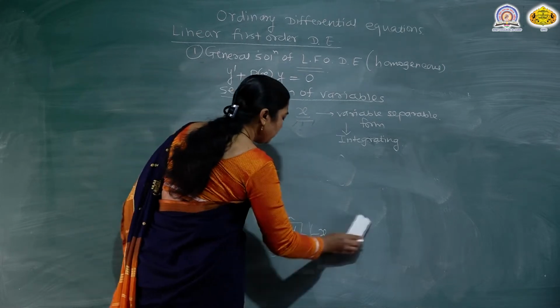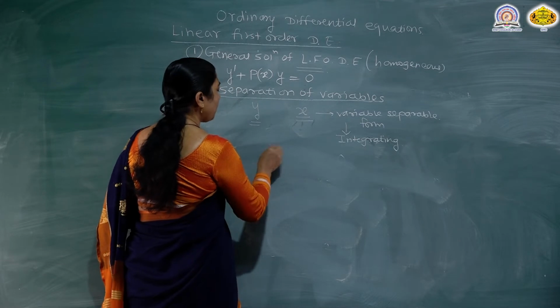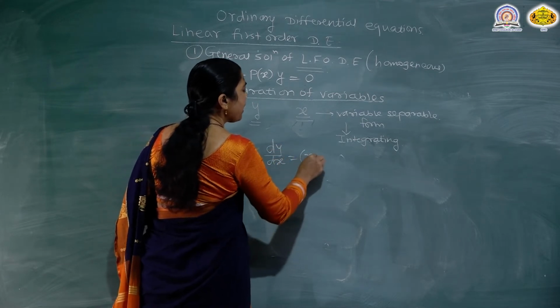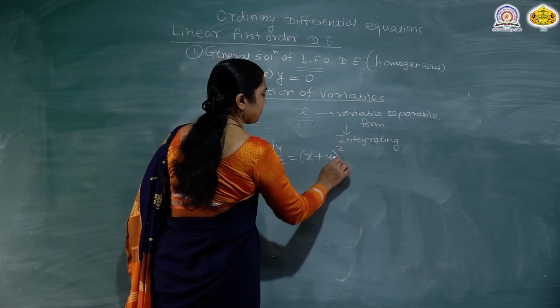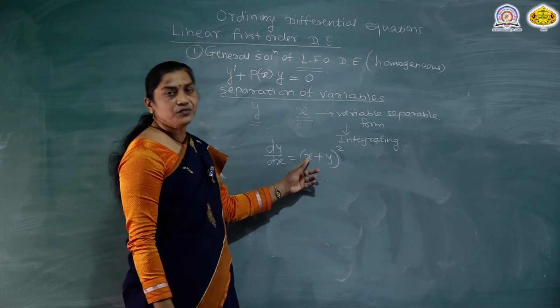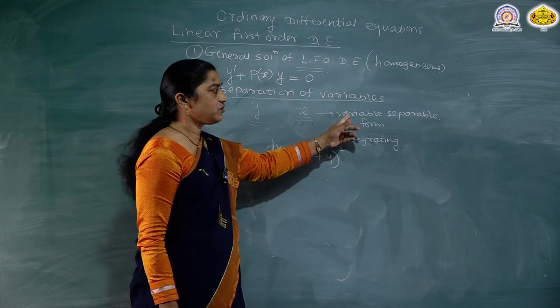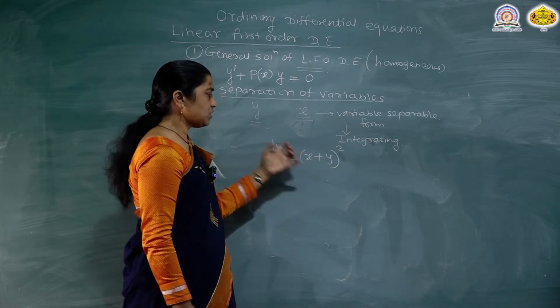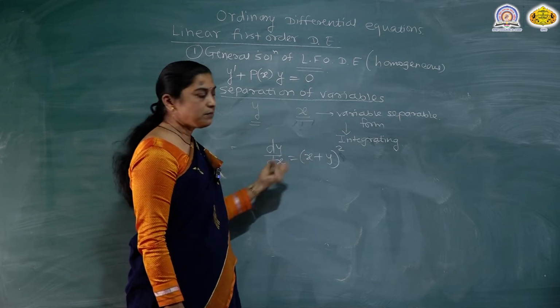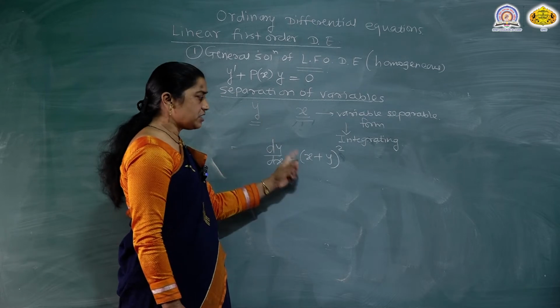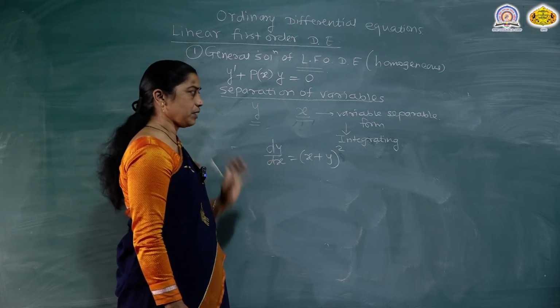For example, if we have the equation dy/dx = (x + y)^2, then we are not able to directly write this in variable separable form. That is, we are not able to separate the y terms and the x terms, and therefore this is not directly variable separable form.